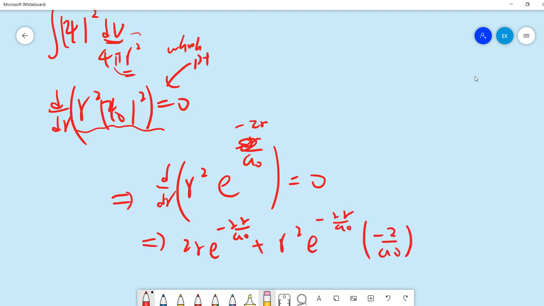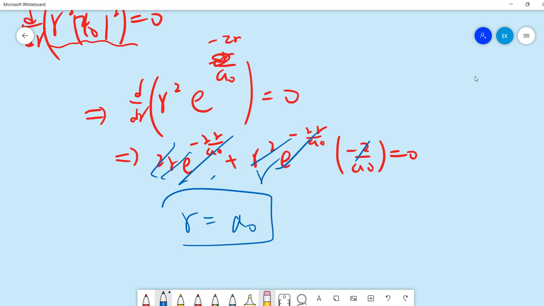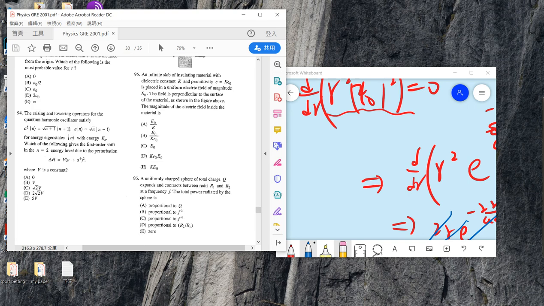This is 0, right? So we can solve for r. So we get r equals a naught. Okay. So quickly, the answer is C. Basically, I guess you can try to remember this answer because I think this question is very familiar. It's very common in the subject physics GRE.